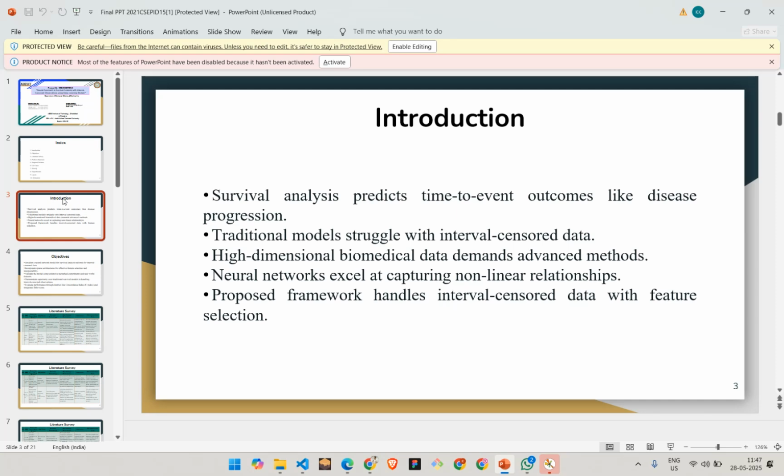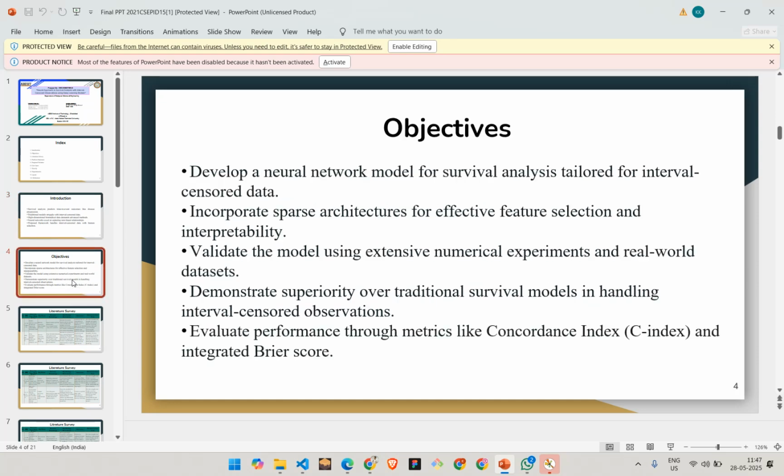For example, if we talk about traditional ways, the Cox model is the model that is being used for such things, or basic AFT models as well. They assume that either the event time is known or that it is at least right censored, but they struggle when the exact timing is hidden inside a time range.